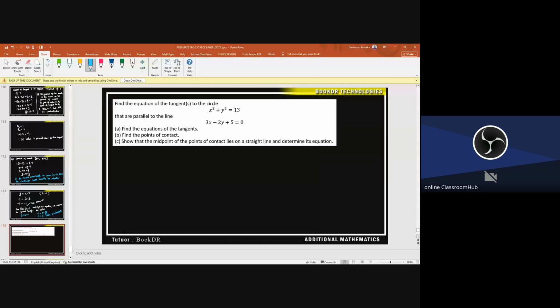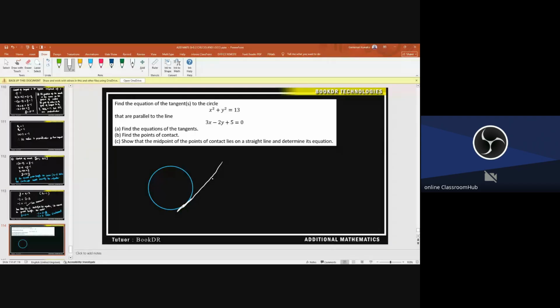So let's draw our circle. The equation of the circle is the first one. And then we are being told that the tangent to the circle is parallel to a given line.